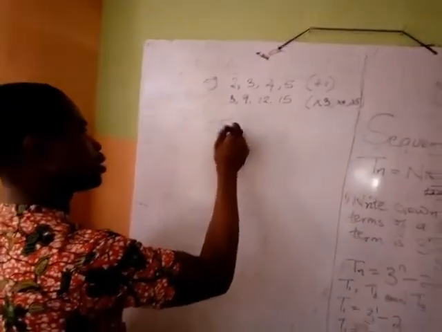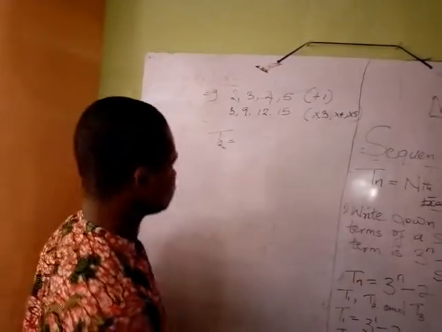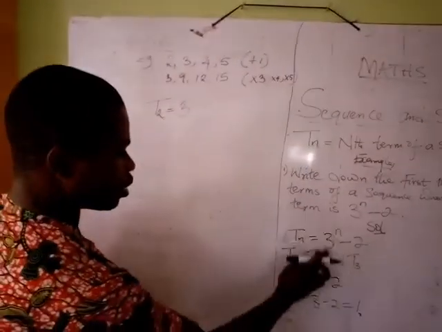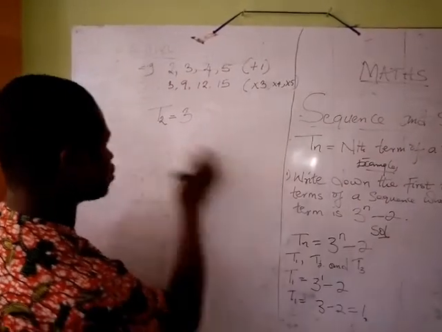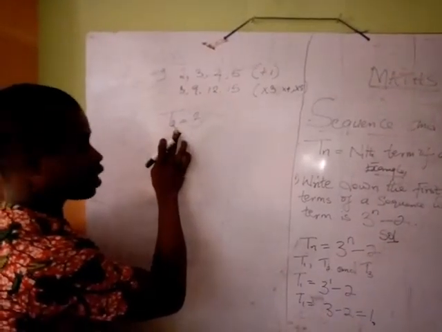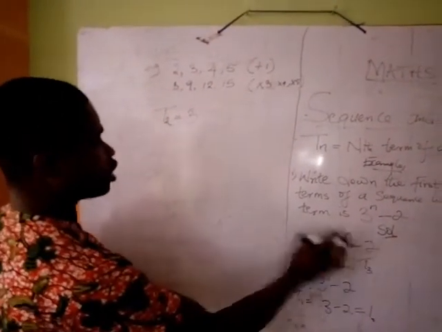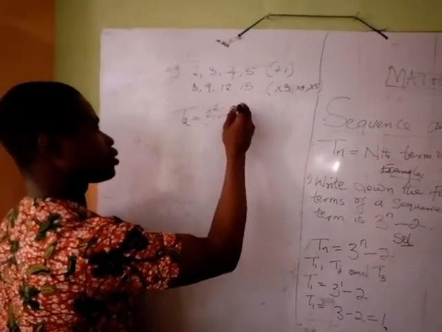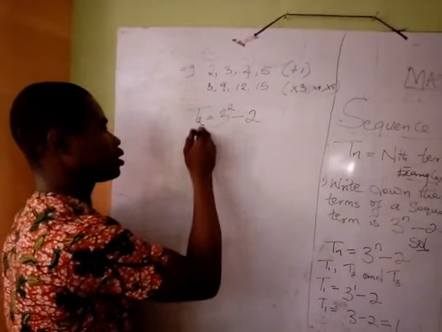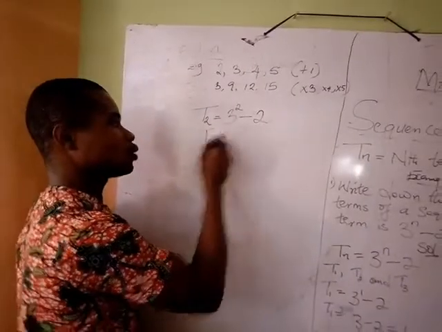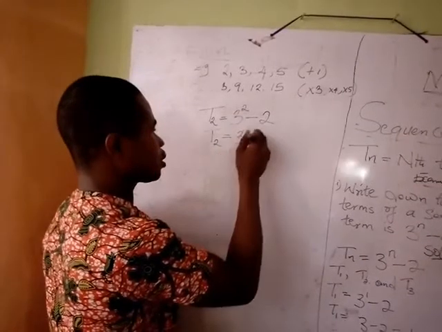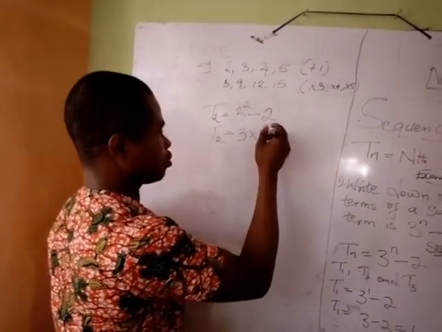T2 is equal to 3 raised to power n, which is replaced with 2. So you will substitute. Anywhere you see n for now, we call it 2. So that should be 3 raised to power 2 minus 2. So I have T2 equal to 3 raised to power 2 is 3 times 3.